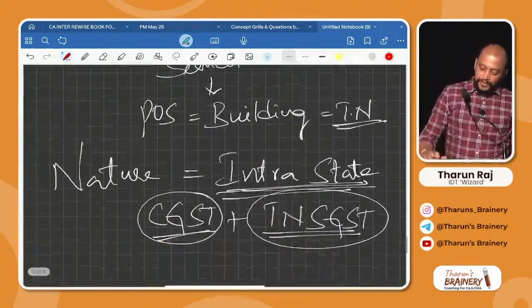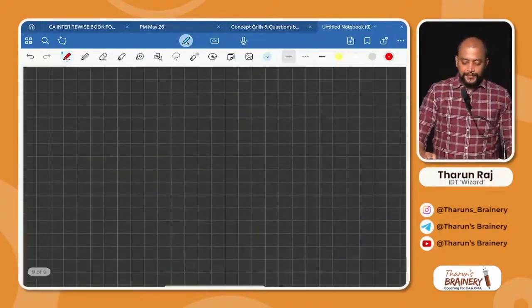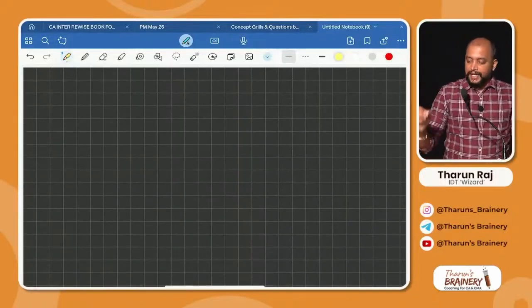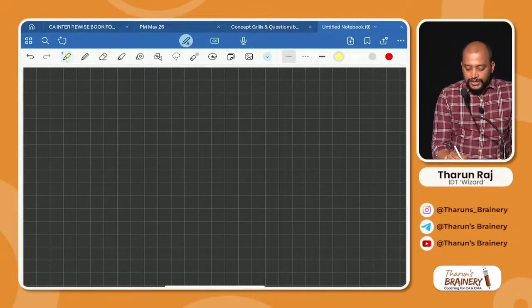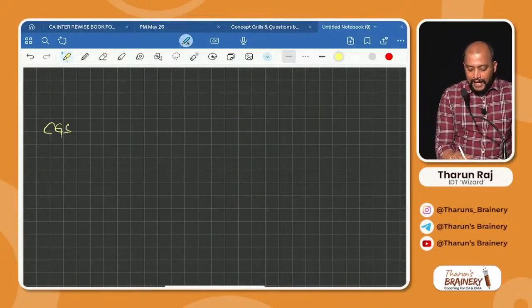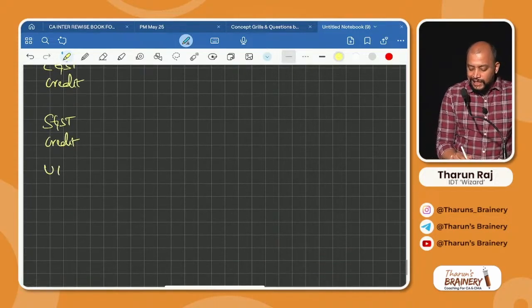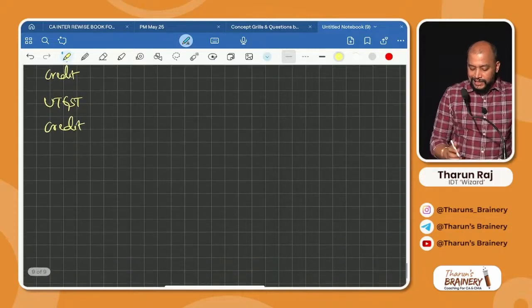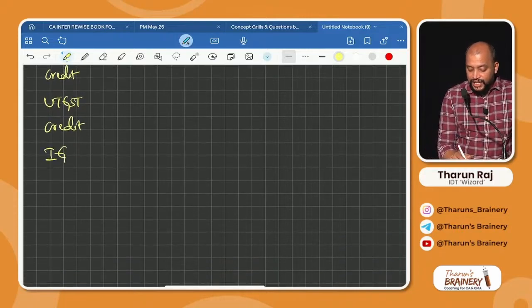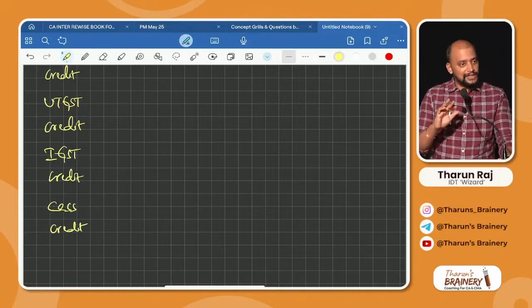What is the manner of utilization of ITC? Listen. I have CGST credit, SGST credit, then UTGST credit, then IGST credit, and compensation cess credit. No need to make notes, just listen.